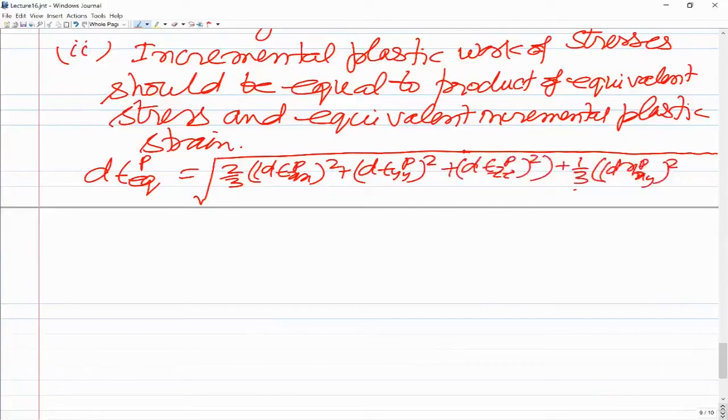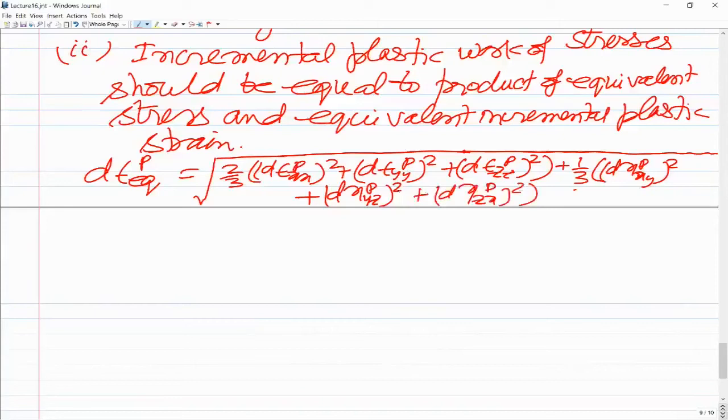You will see that the half and 2 get cancelled. So we will have plus d of gamma yz p square plus d of gamma zx p square, and that bracket closed. So this is the definition of equivalent incremental plastic strain.